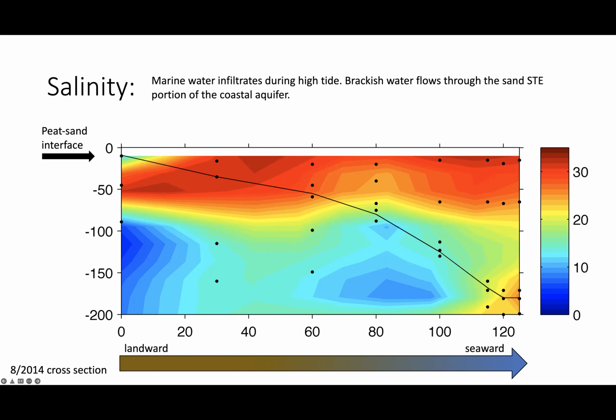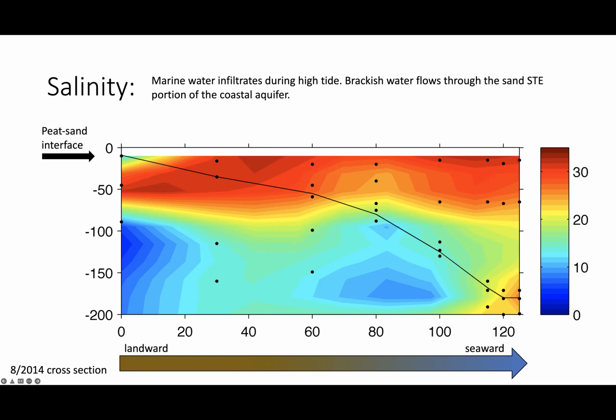That water then infiltrates and flows through the peat and then discharges into creeks and along the edge of the marsh. And it typically discharges at the elevation of the low tide and higher through time. So this is our salinity structure.